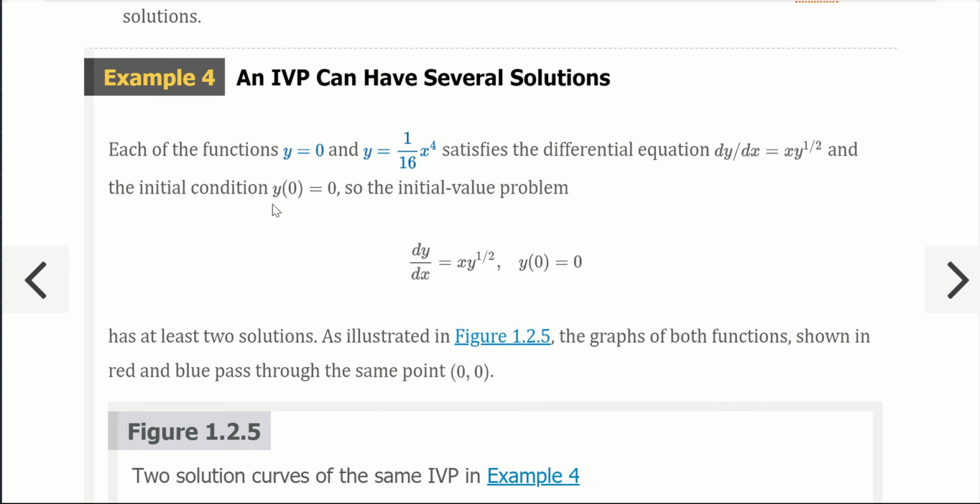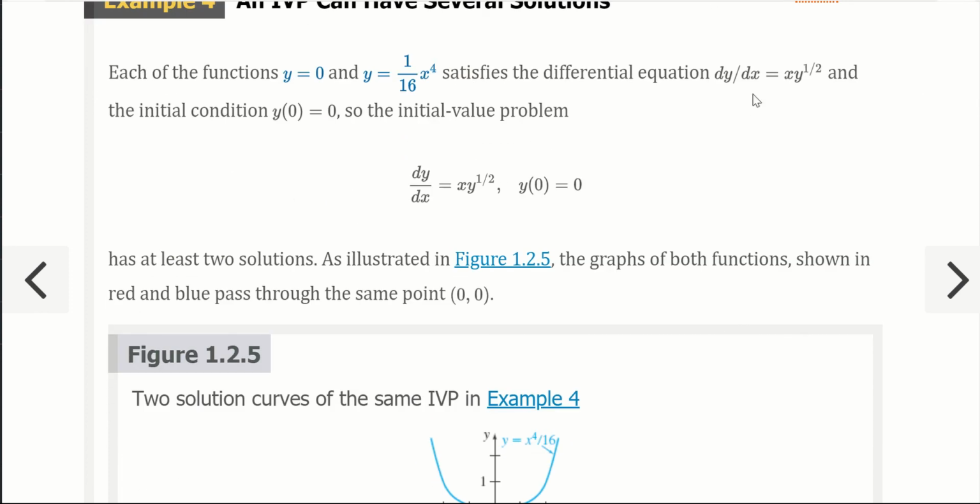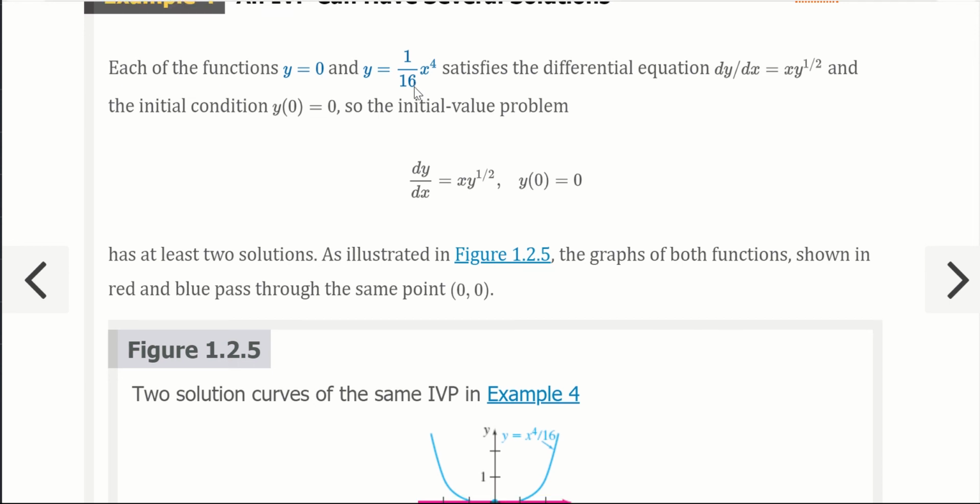Furthermore, both of them satisfy the initial value problem dy/dx equals x y to the 1/2, with the initial condition y of 0 equals 0. So for this problem, not only do solutions exist for this differential equation, furthermore, they're not unique because we have two solutions. One is the constant function y equals 0, the other is y equals 1/16 x to the fourth.